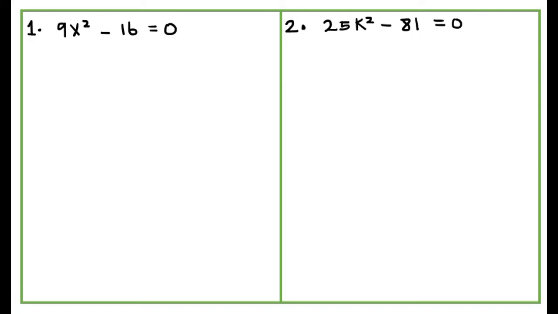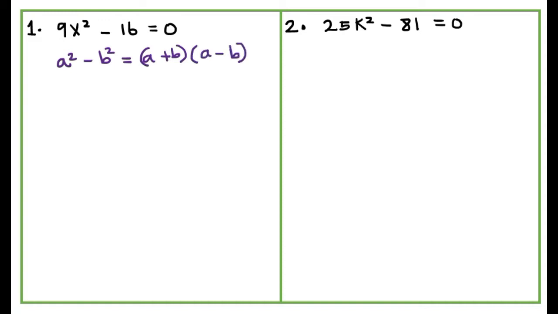Now, what we are going to do for this case is that we remember that a squared minus b squared equals a plus b into a minus b.